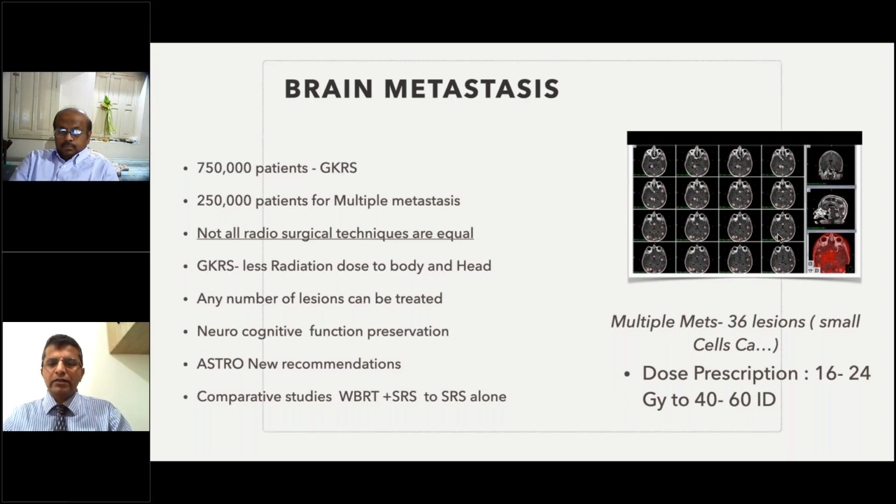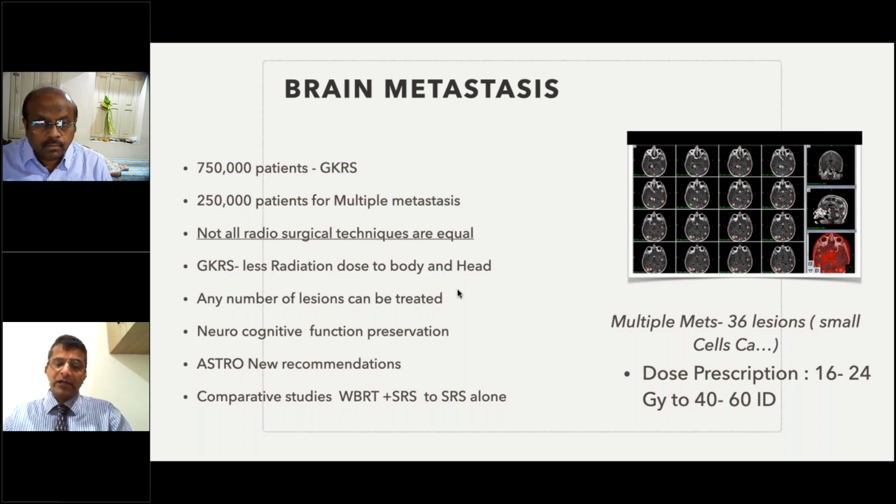This is a patient who was treated at one of the centers where I worked earlier. This patient has 36 lesions in the brain, which is impossible for any other radiosurgical device to treat. But gamma knife could treat such lesions with high conformity and selectivity, by delivering multiple doses to different targets. So that is the beauty of this technology.